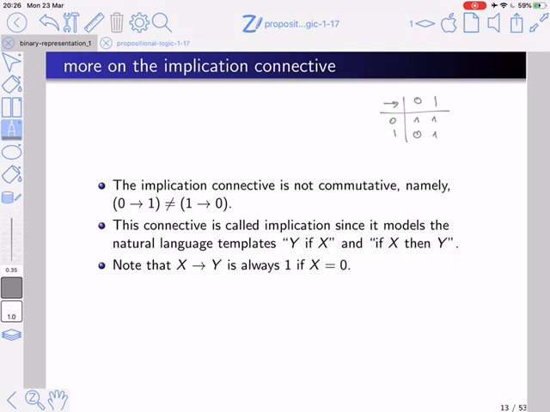We note that x implies y is always true if x is 0. Look at this row. If x is 0, then all entries in this row are 1. So false implies everything. This is our rule for implication.